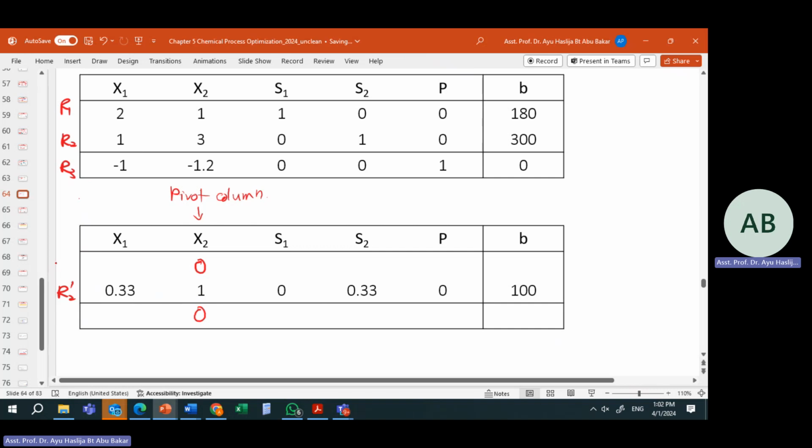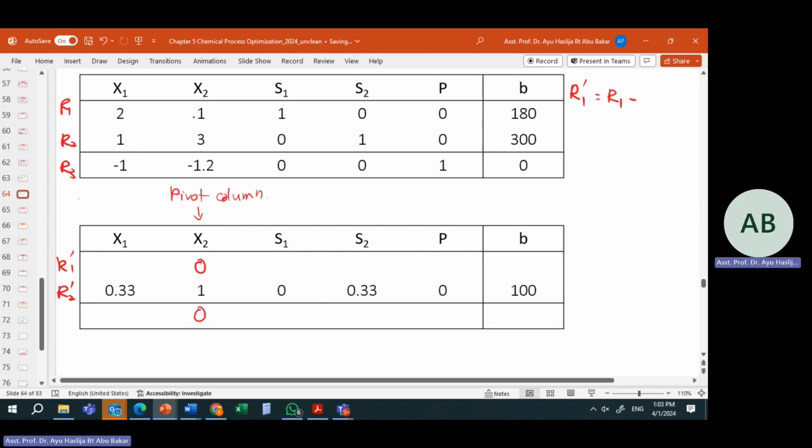To get the new R prime 1, we must get the answer 0 using the previous value of R1. We should use the original R1 minus the pivot row.